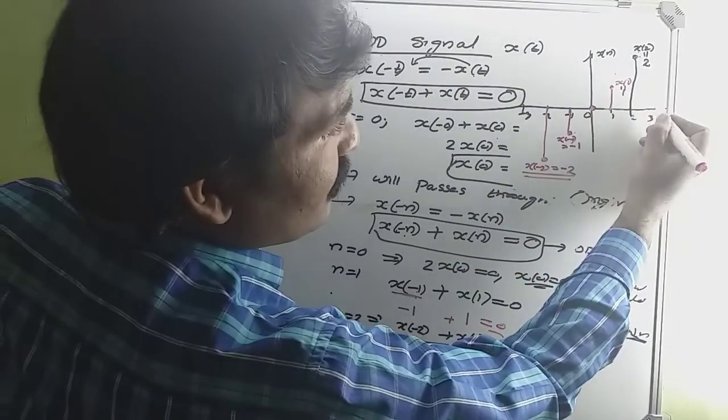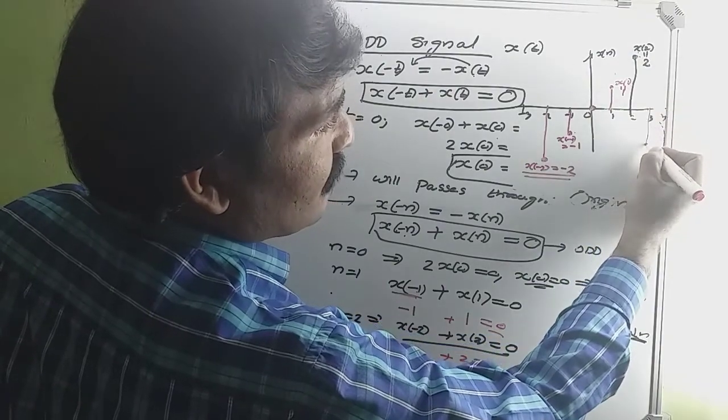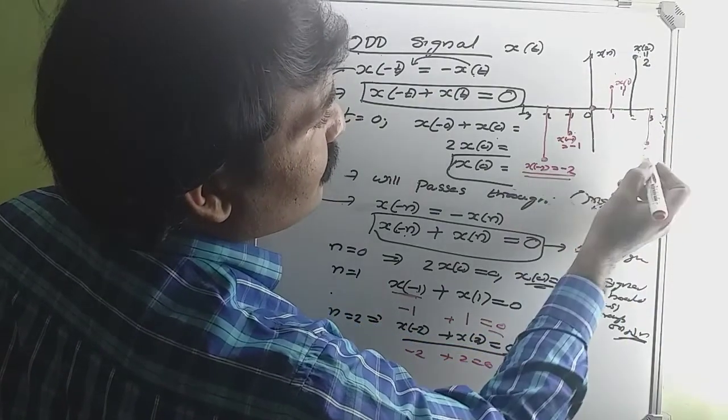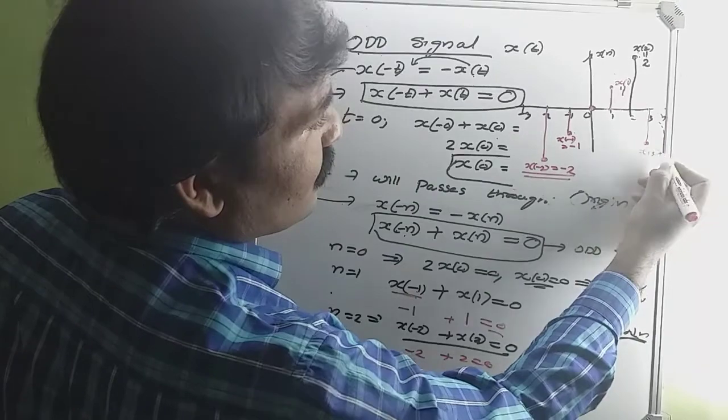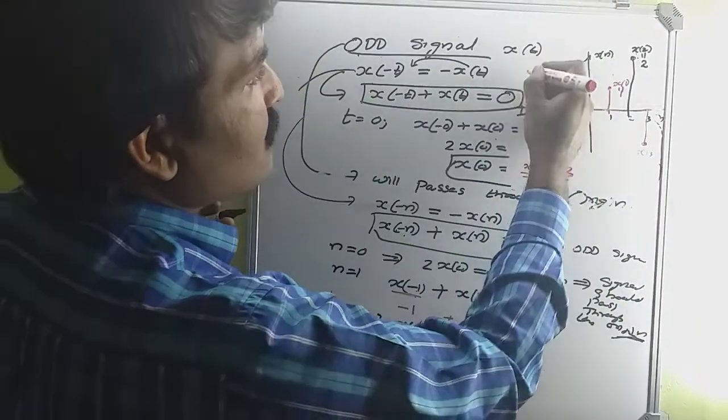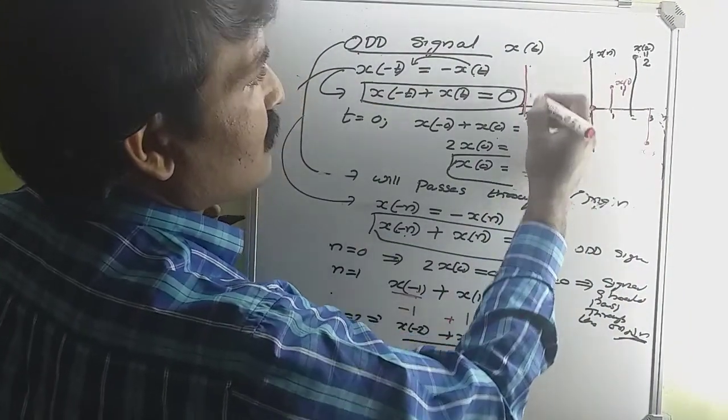Now suppose this is the value of the signal at 3, x of 3. Then x of minus 3 will come like this.